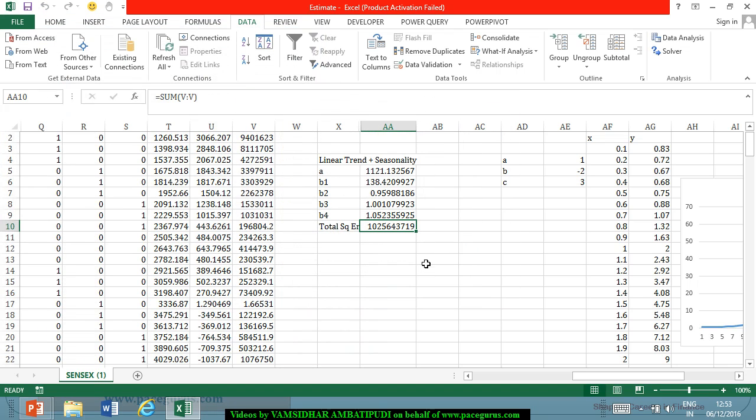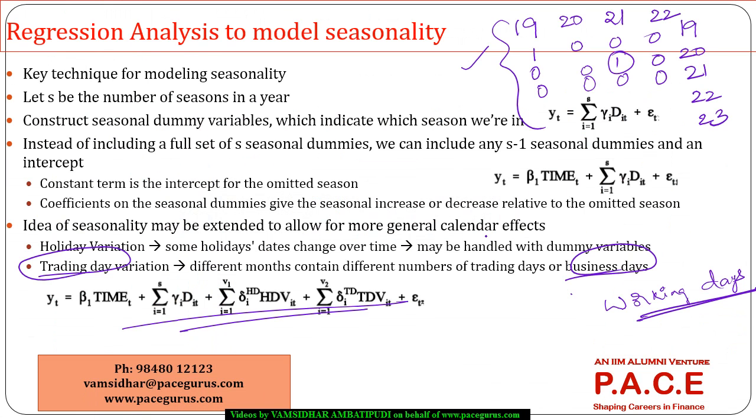All the model is working out in this way, right? 1121.13. The model has come out like this.